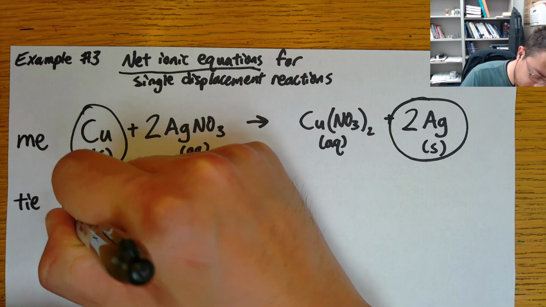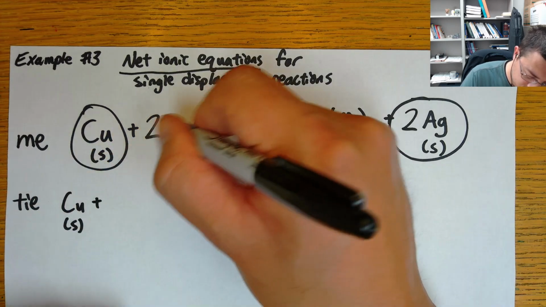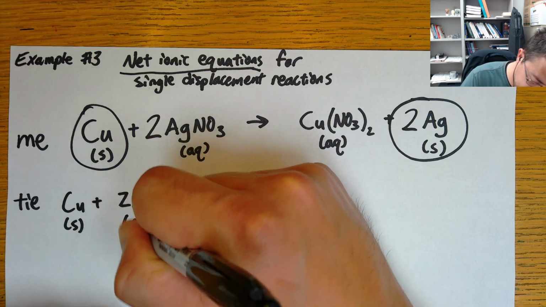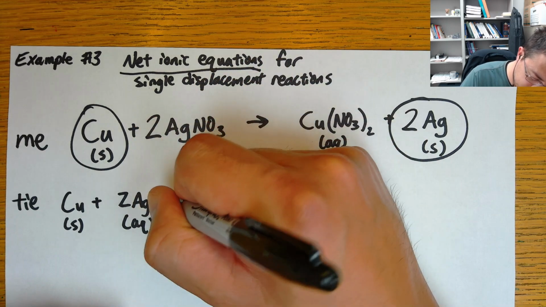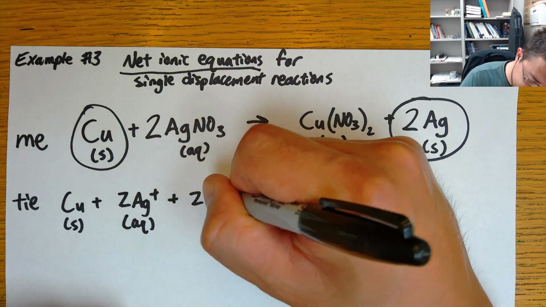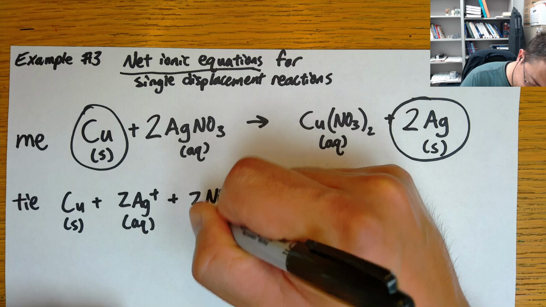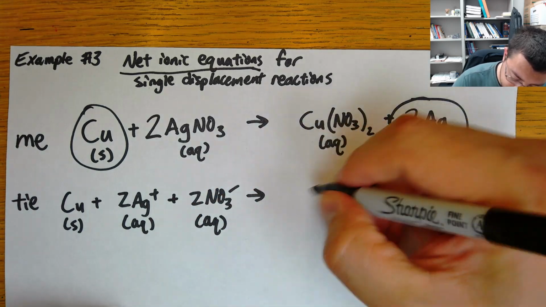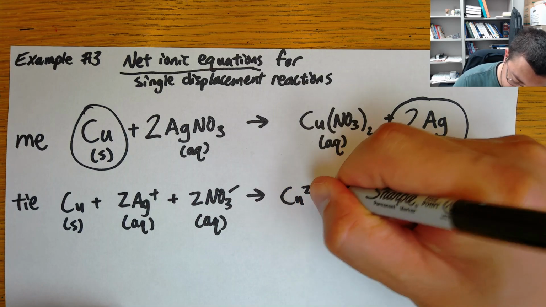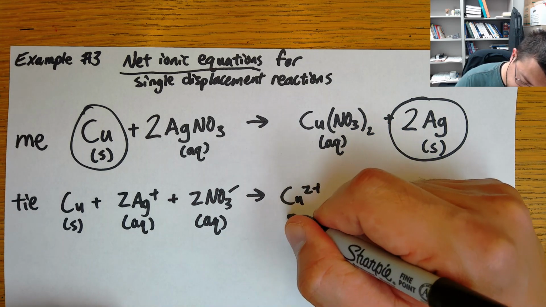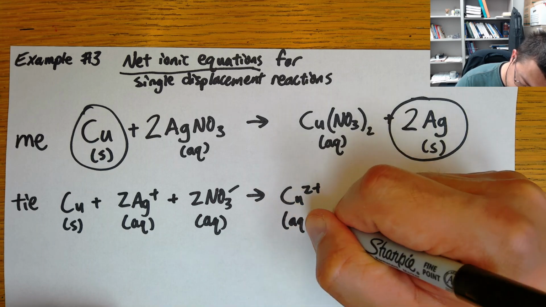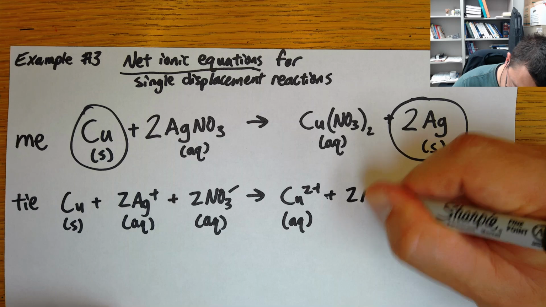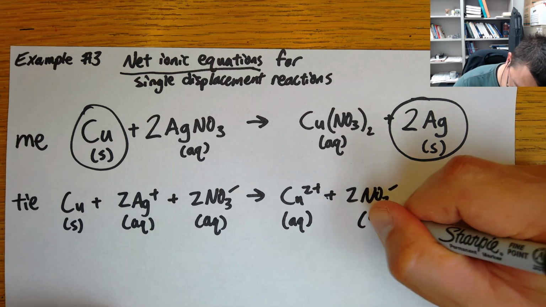We have copper solid, 2 Ag plus, aqueous, 2 nitrates. All right, copper 2 nitrate, so we're going to have copper 2 plus, aqueous, plus 2 NO3 minus, aqueous.